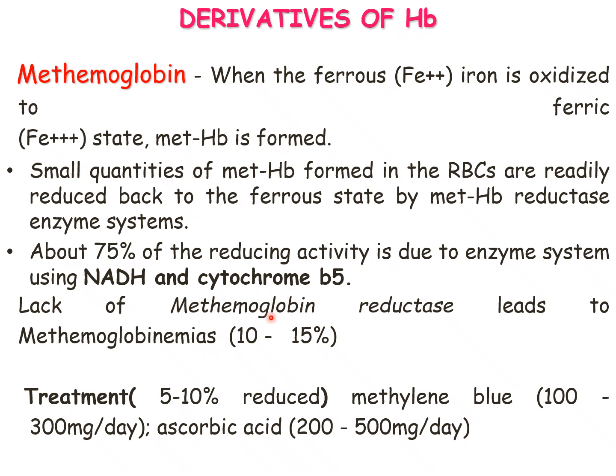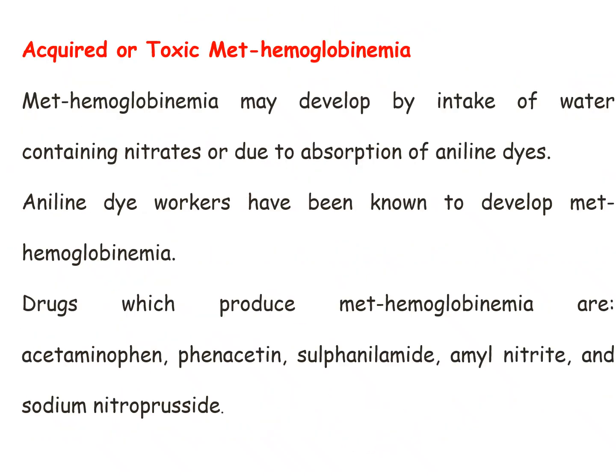If there is any defect in these enzymes, it leads to methemoglobinemias, 10 to 15%. Treatment is a very important question; in MCQs they will ask what treatment is used for methemoglobinemias. With 5 to 10% reduced: methylene blue 100 to 300 milligram per day, and ascorbic acid or vitamin C 200 to 500 milligram per day.